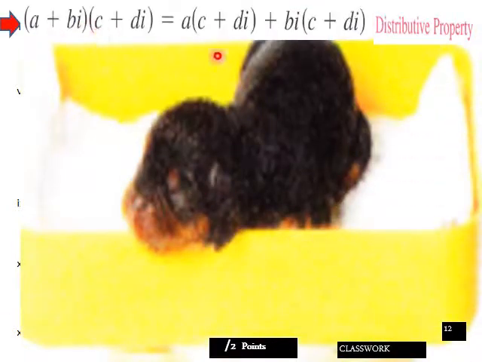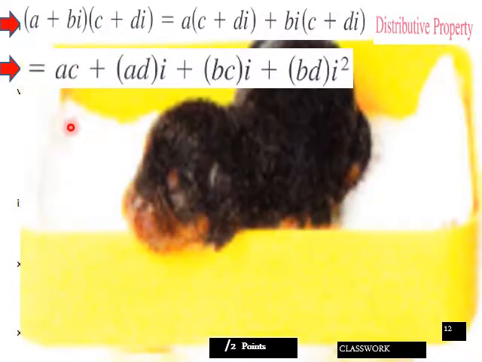So here we use the distributive property. We're going to multiply a times this, and then bi times that. And then when we do that, we come up with ac plus ad multiplied by i. Then over here we have bc times i plus bd times i squared.